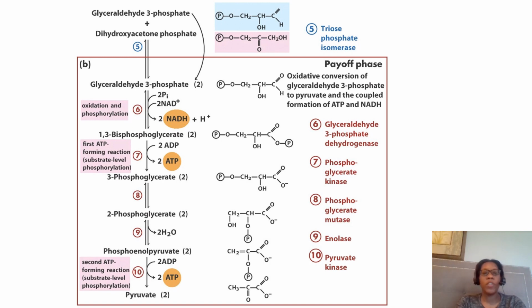So now we have 2 molecules of PEP. PEP is a very energetic molecule that can easily give away that last phosphate and add it onto ADP to create ATP utilizing pyruvate kinase. And in the end, we have 2 molecules of pyruvate.